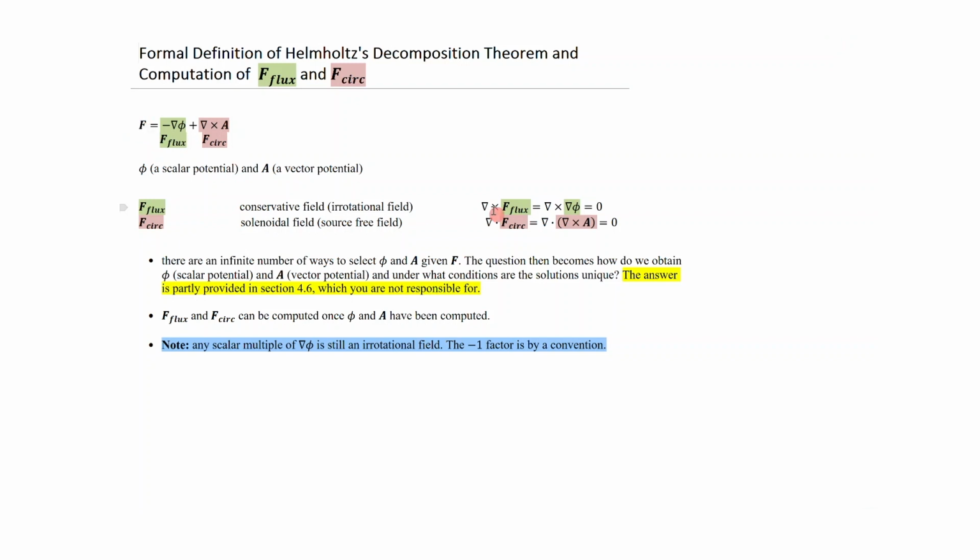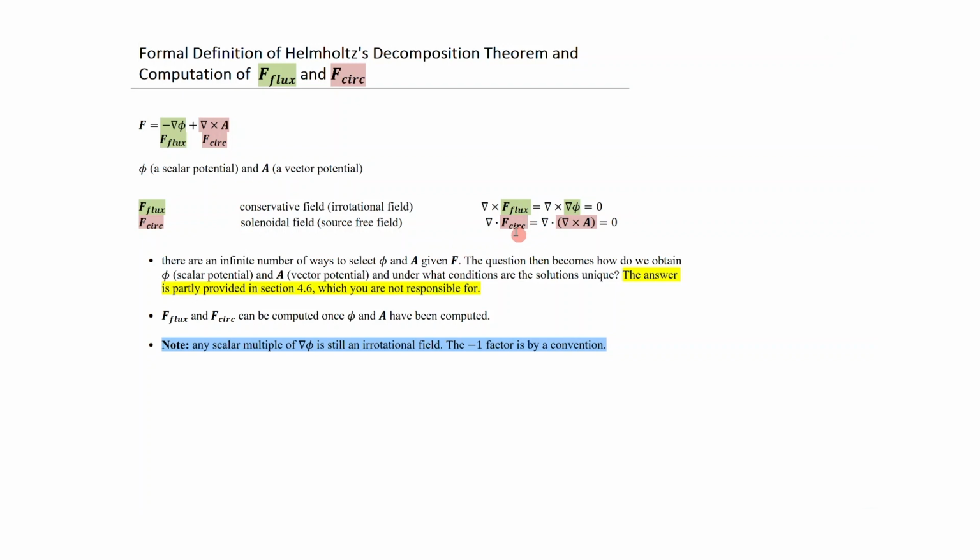So if we take the curl of the field, then the curl of F would be equal to the curl of minus grad phi, plus the curl of A. So if we take the curl of the flux component, which is this one, then this term is identically equal to 0. We've shown in a vector identity in the last lecture that this is the case.